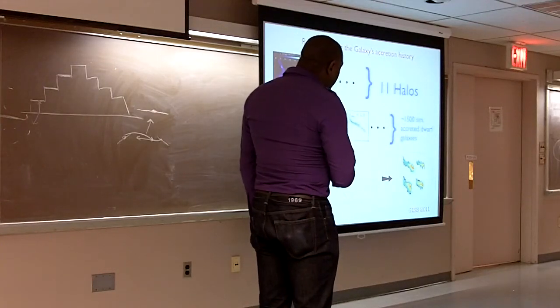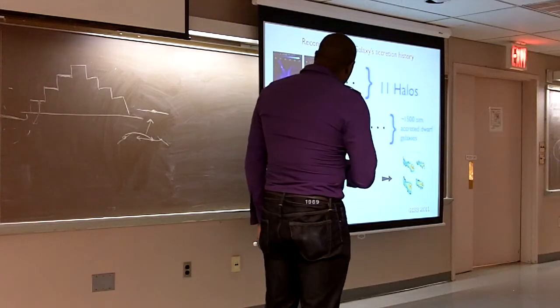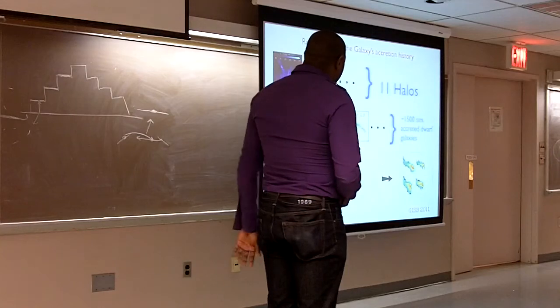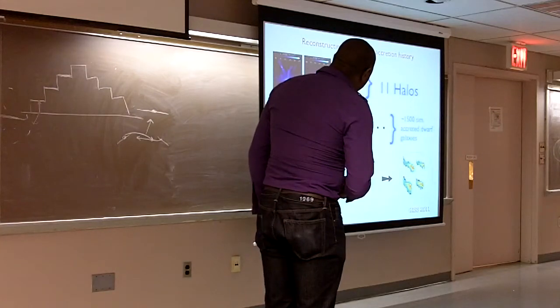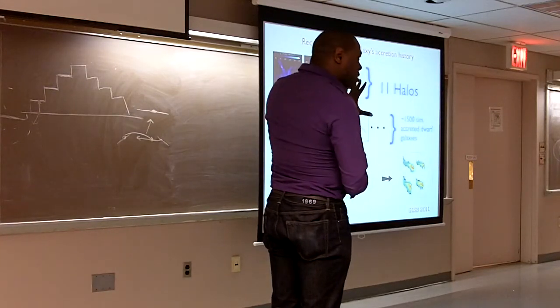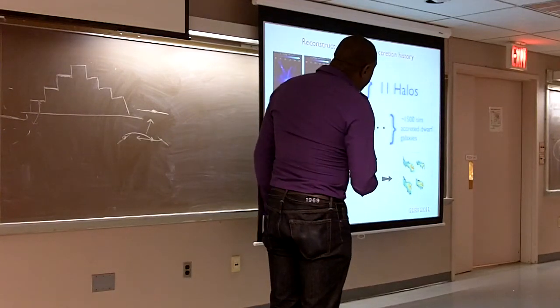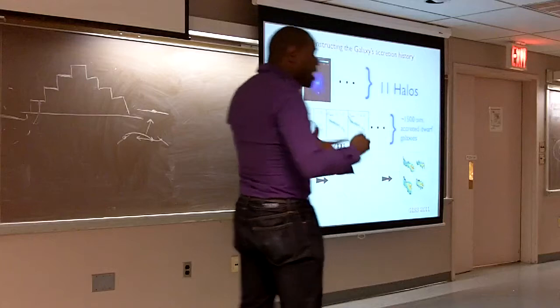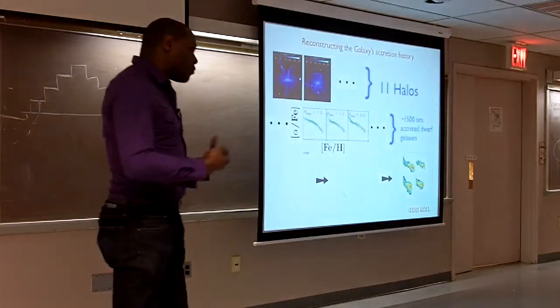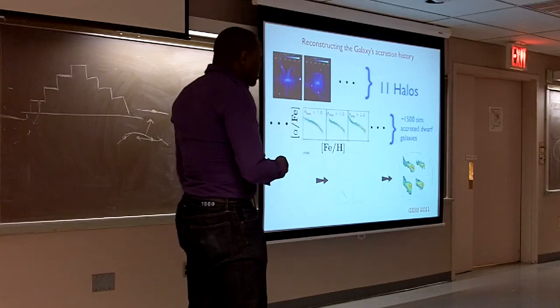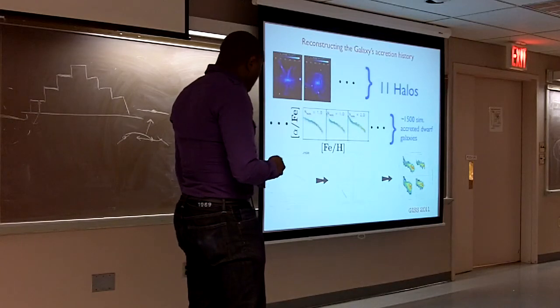And what you find is that generally they have similar chemical enrichment patterns. And you can bin them together to get some sort of average galaxy for a particular accretion time and a particular mass. And from there, you can start to form this set of templates that are going to represent particular galaxies accreting at particular times.